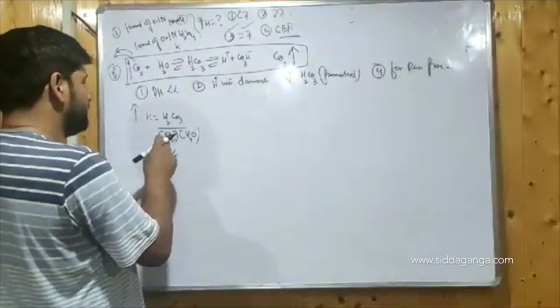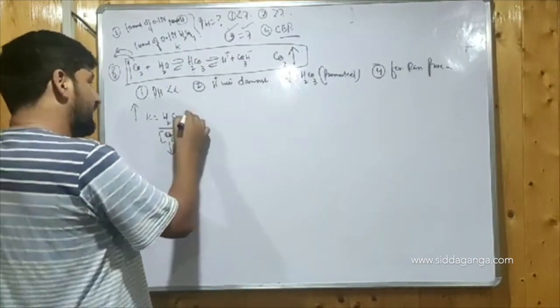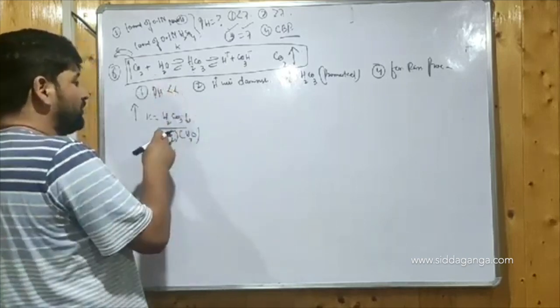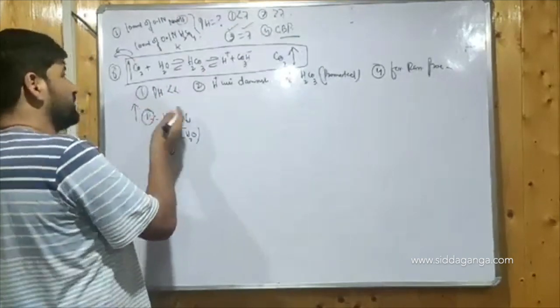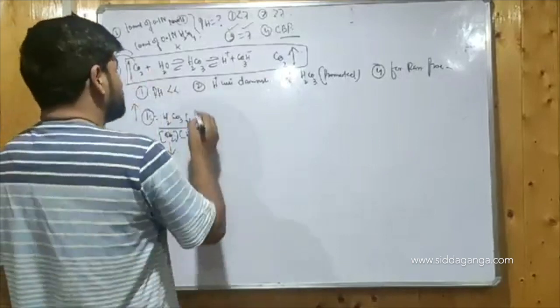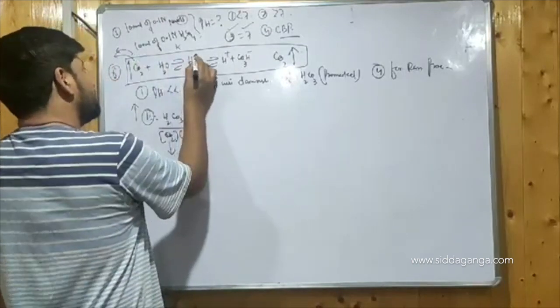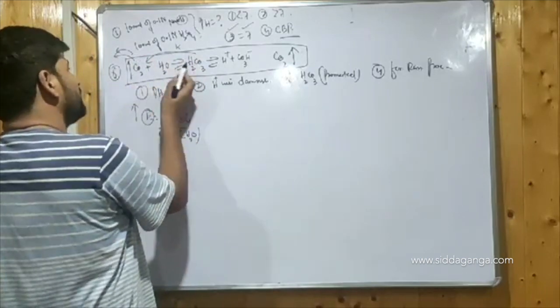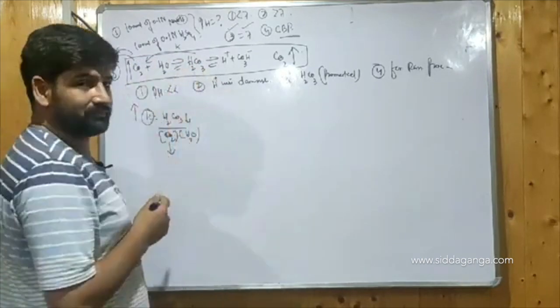So the value of K should remain constant. For that purpose, if CO2 is decreasing, H2CO3 should also decrease, to replenish the amount of CO2, so the equilibrium constant will go back to the original value. When CO2 escapes, the backward reaction is promoted. That means CO2 will be produced more.